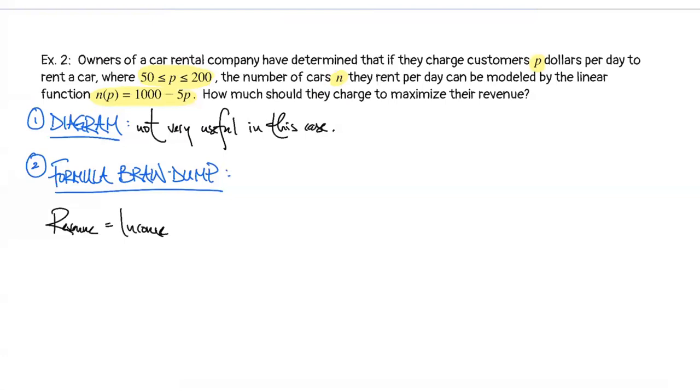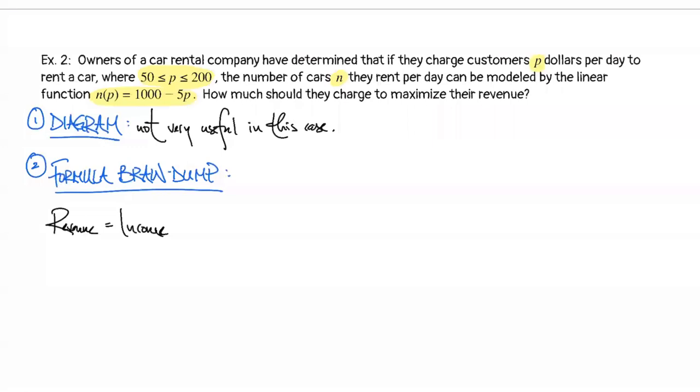Okay, so if they charge $50 per day for a car rental, then they will rent N of 50, 1,000 minus 5 times 50, which gives us 750. So we're going back to that N of P equation.